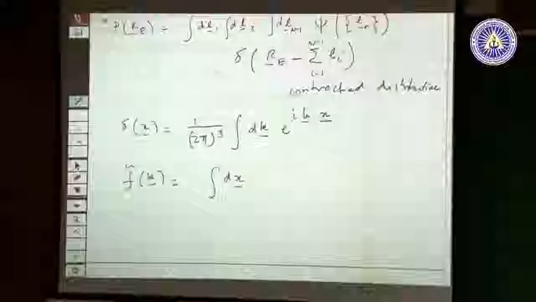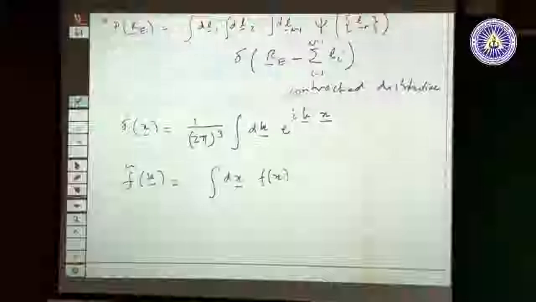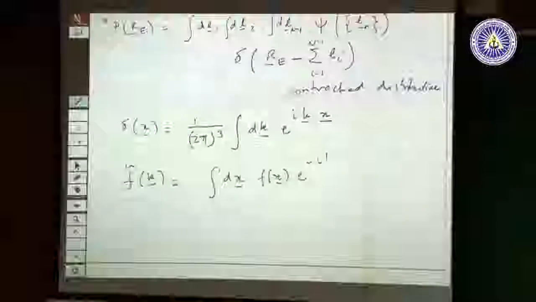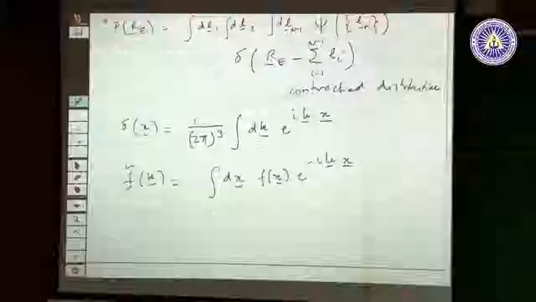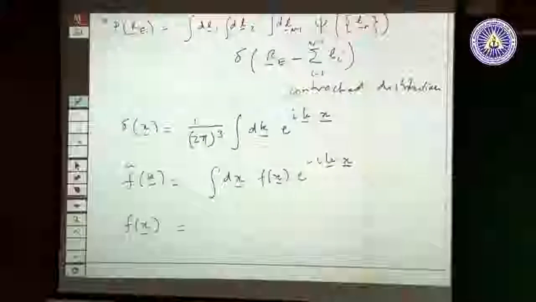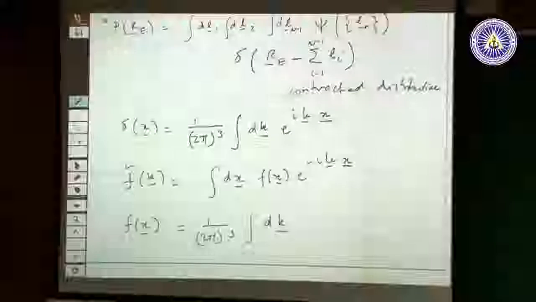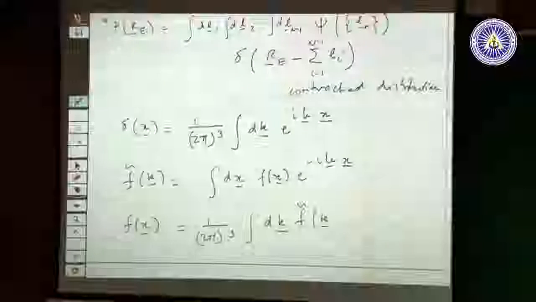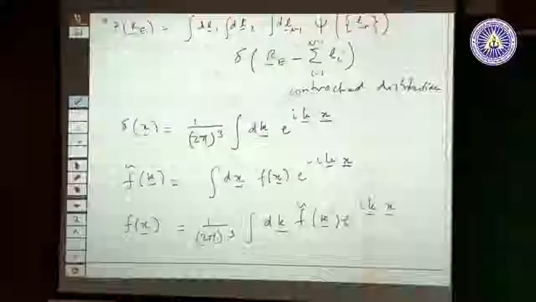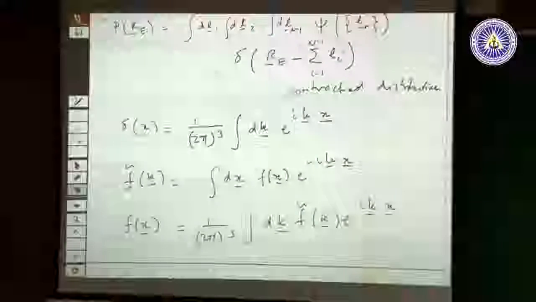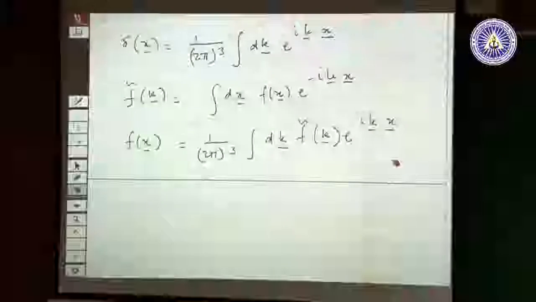Integral dx e to the power of i k x, if f of x is a function, that is how a Fourier transform is defined, and then the inverse Fourier transform would be that. That is the inverse Fourier transform. So, to show you how it works, let us evaluate this integral over here. Okay.